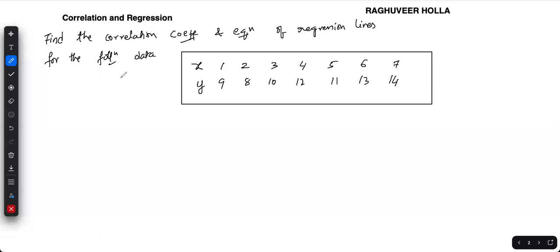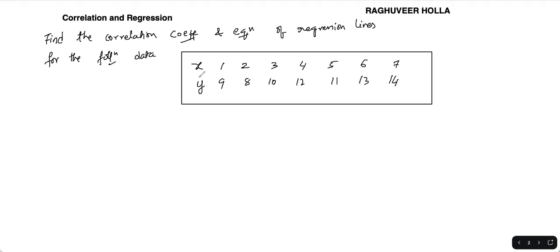So let us solve this problem over here. Here I have n as 7, so you have 7 data points. We need to find the correlation coefficient and the equation of the regression lines. So let us begin.